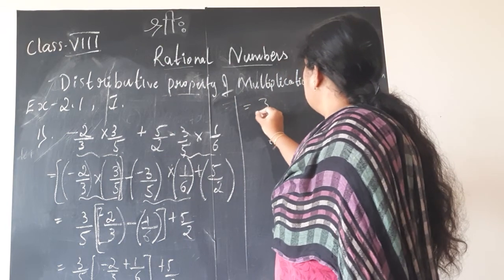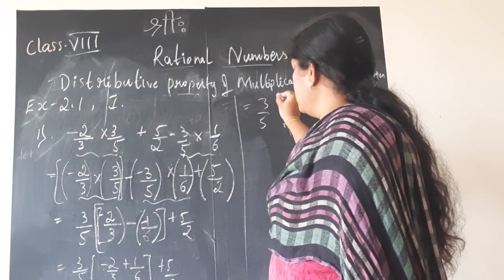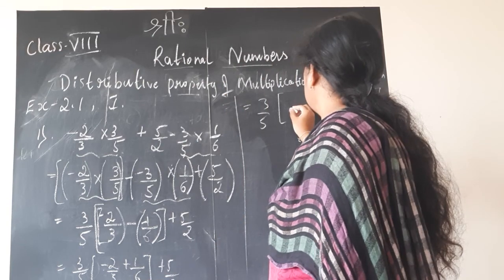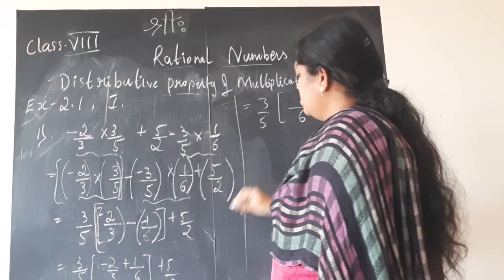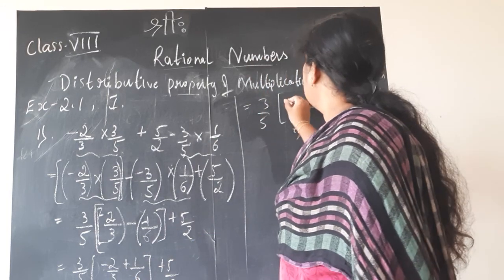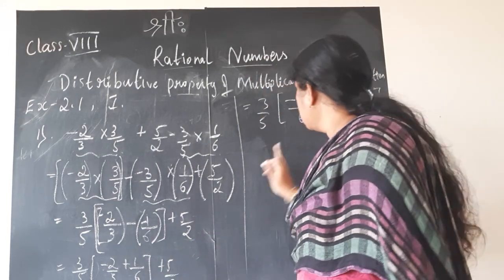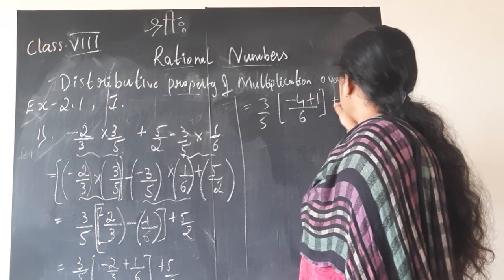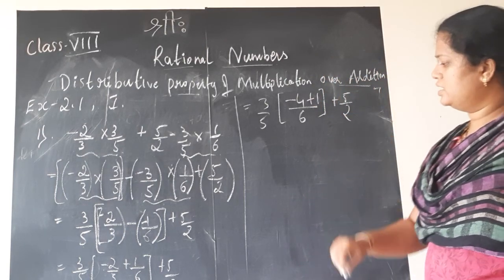Next step, 3 by 5 as it is, I will simplify the big bracket first. 3 and 6, the LCM is 6. So if you take the LCM for this big bracket, 3 ones are 3, twos are 2, into minus 2 minus 4. 6 gets cancelled. 1 into 1 is 1, plus 5 by 2 as it is, correct?